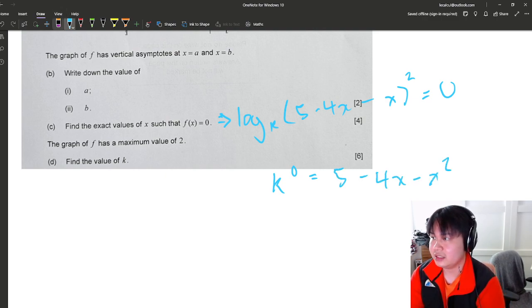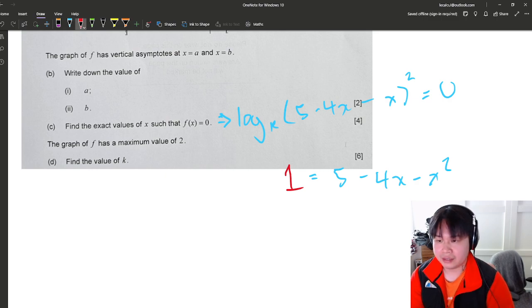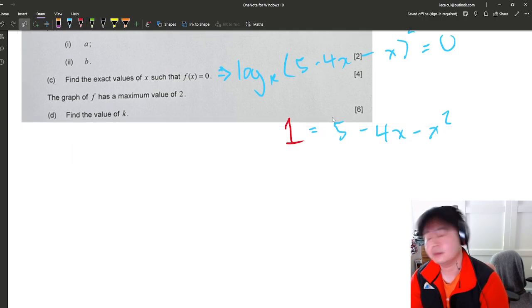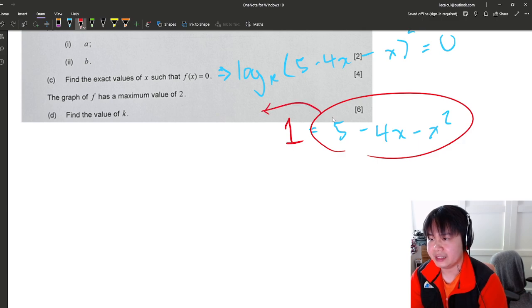K to the power 0 is 1. Okay, and then we can just solve this. So everything goes to the left side, so that my x squared is positive.